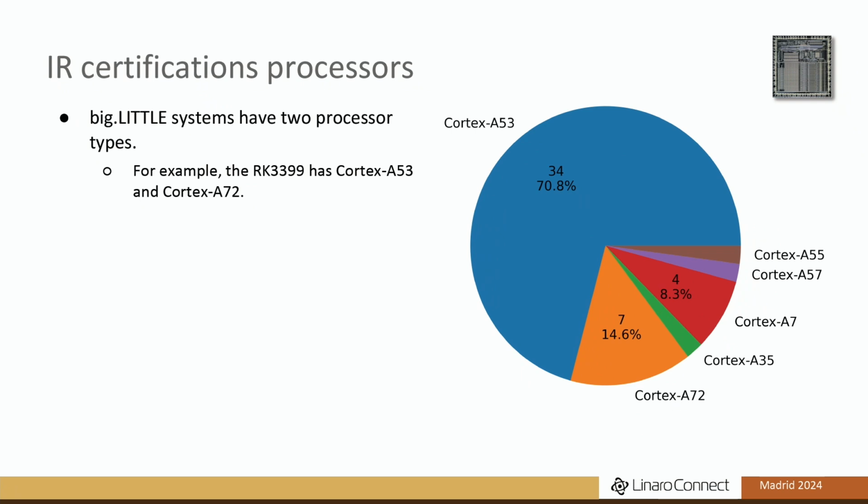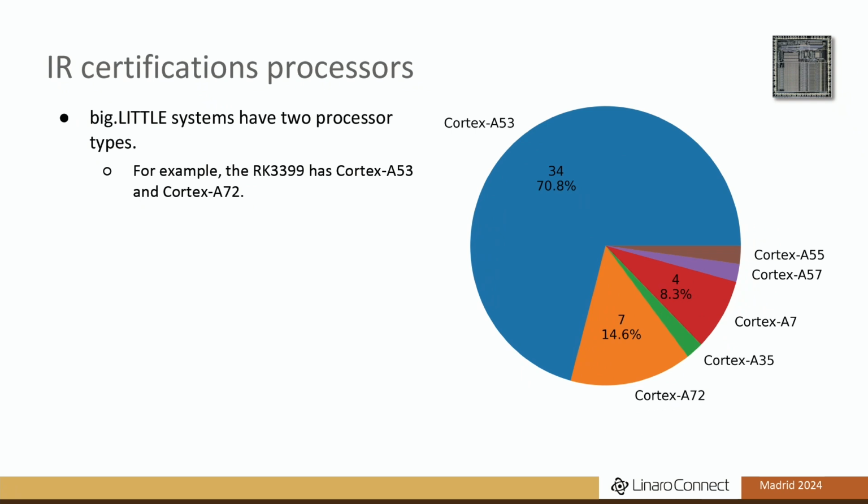You have in blue the fair share of the represented processors here is A53, one of my personal favorites, by the way, which is in the Raspberry Pi 3. And you have at the bottom in orange Cortex-A72, the only out-of-order core on that chart, which is the Raspberry Pi 4 equivalent.